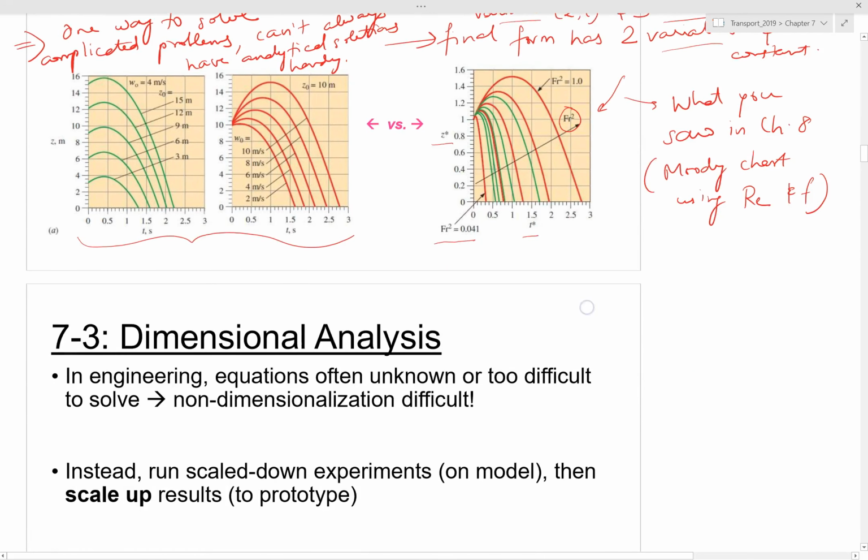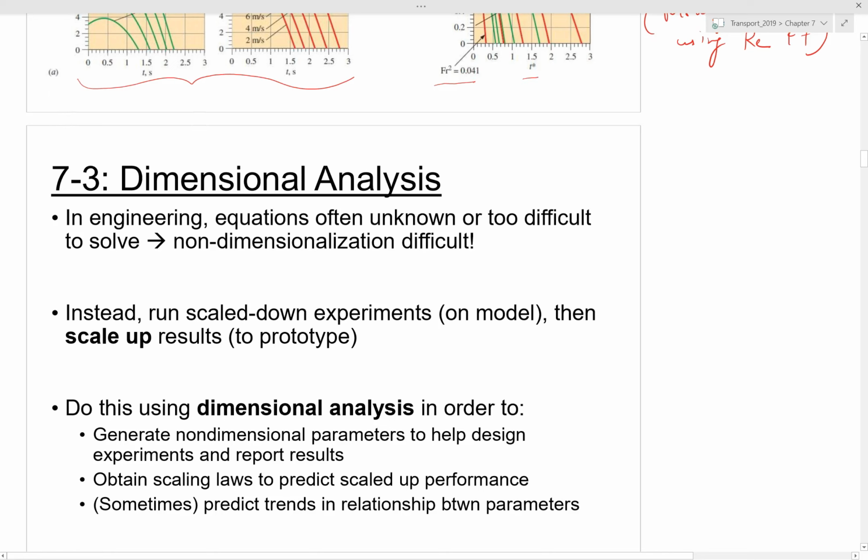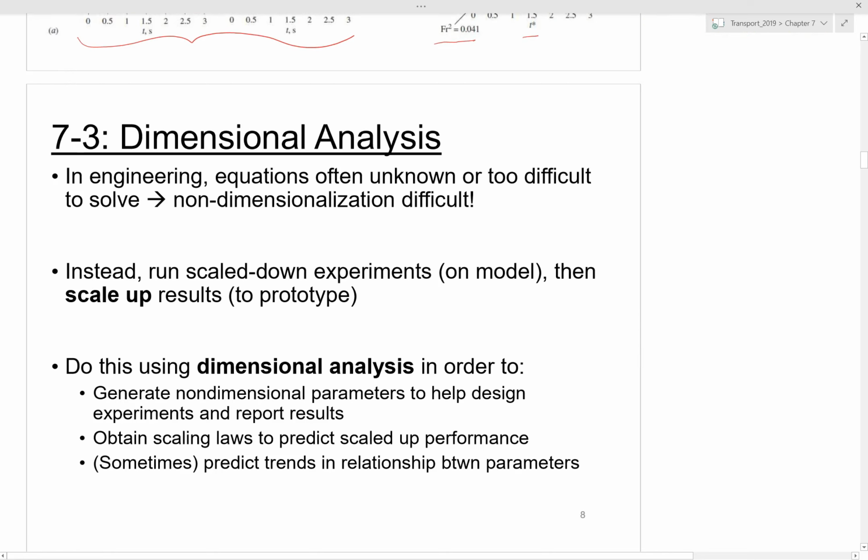Okay, so again, the practical usefulness of dimensional analysis for the scope of this class is that in engineering, equations are often unknown or too difficult to solve, so we non-dimensionalize.